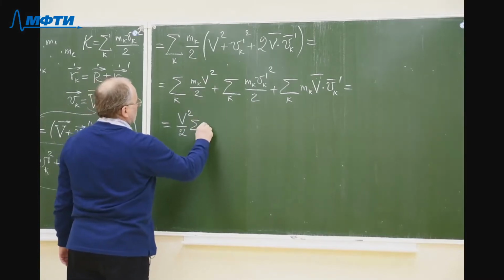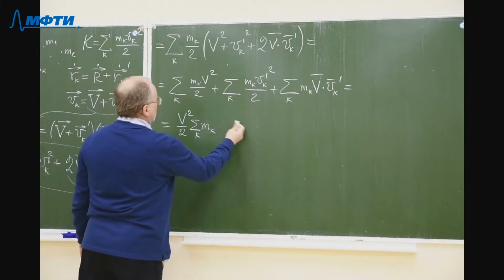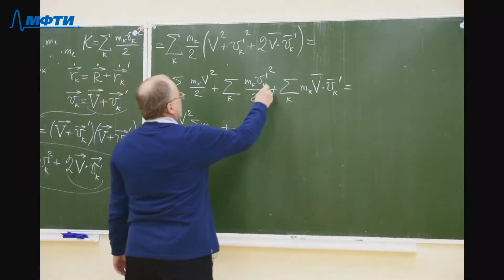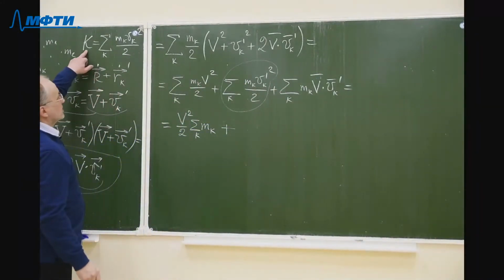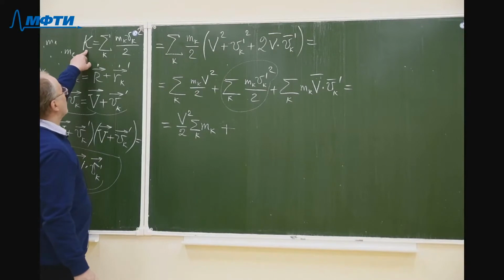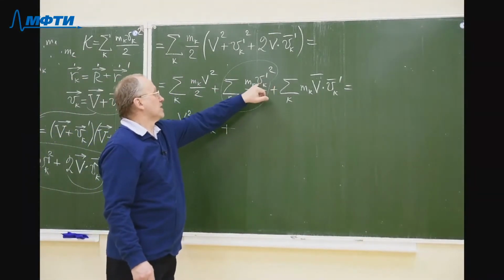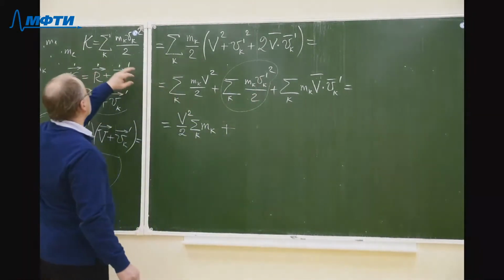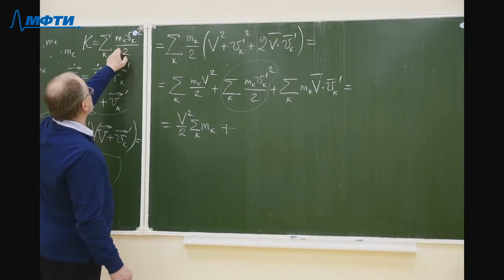And what remains here? The sum of Mk. Plus the second sum, by definition, is the kinetic energy with respect to the second reference frame, where all the velocities Vk prime are measured with respect to the second reference frame. The same as the kinetic energy with respect to the first reference frame.